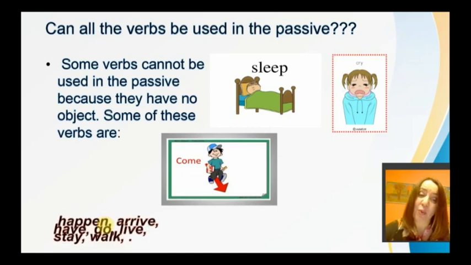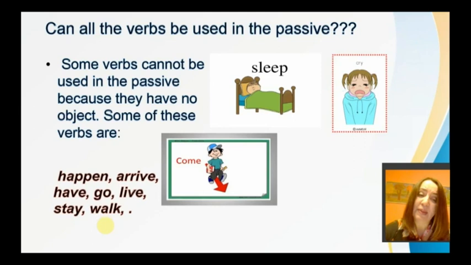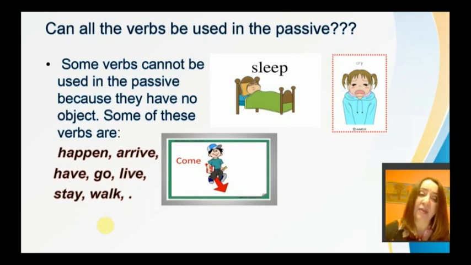And some more: happen, arrive, have, go, live, stay, walk. Don't be confused if you see that somebody says, I live my life, because that is maybe some exception.